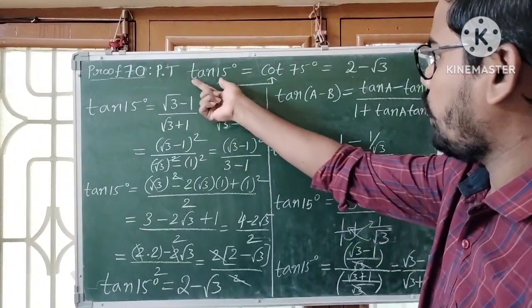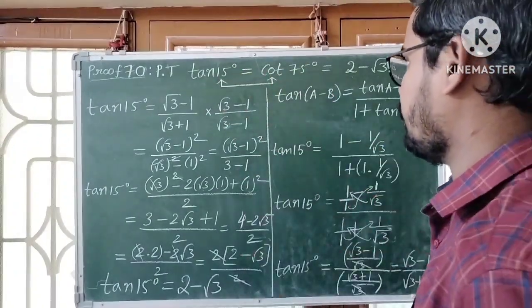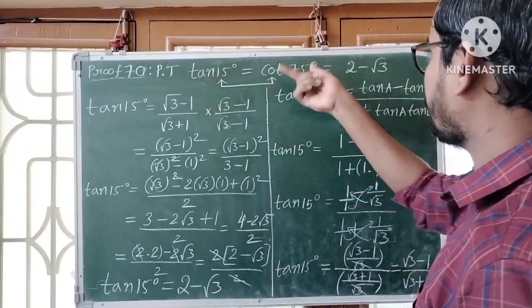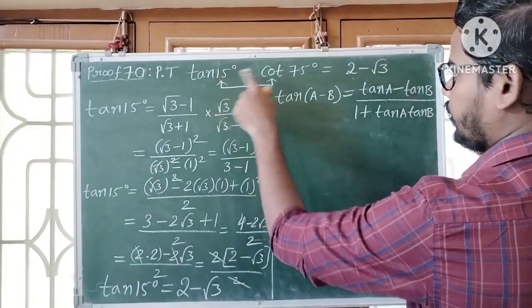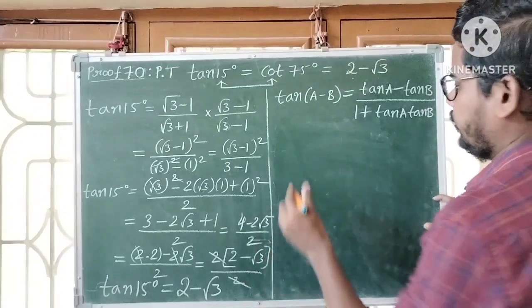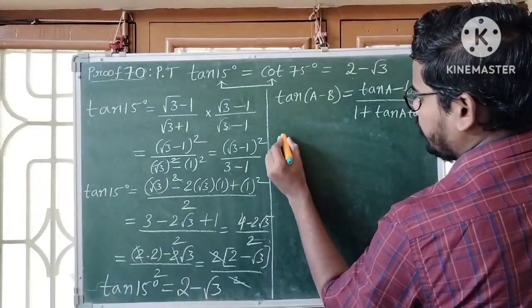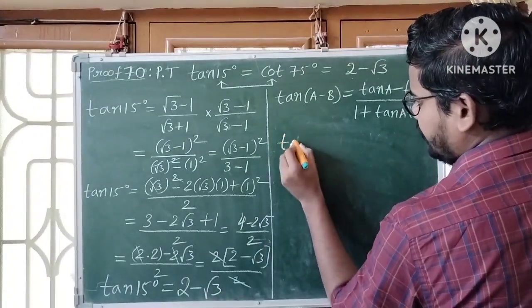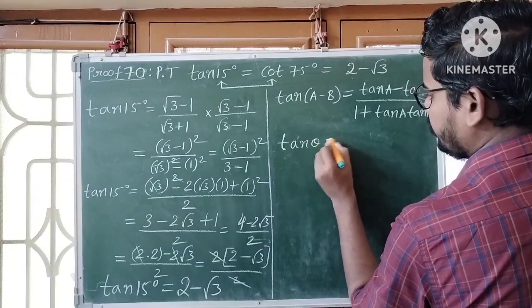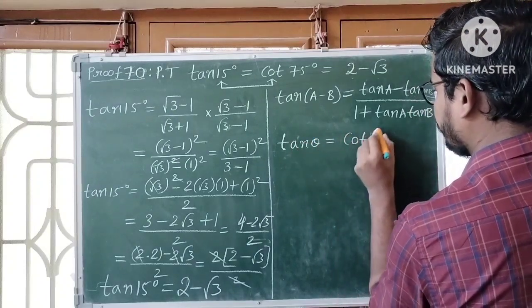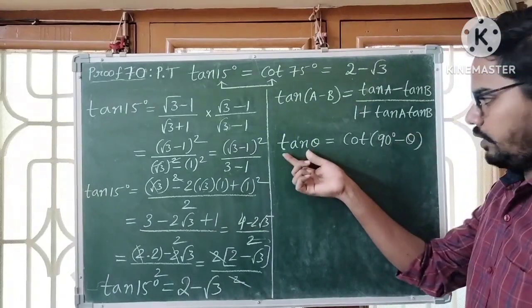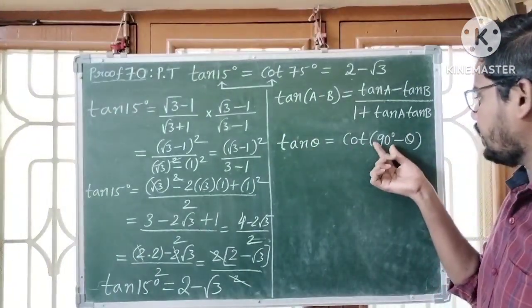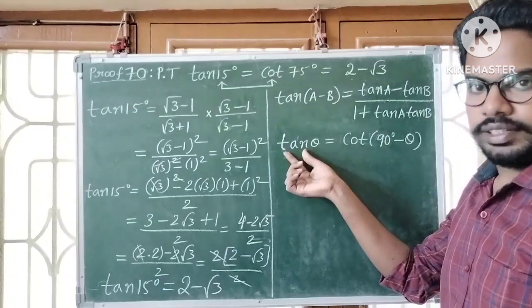Next, we have to prove tan 15 degrees equal to cot 75 degrees. Then tan 15 degrees equal to cot 75 degrees is equal to what? 2 minus root 3. So let us prove tan 15 degrees equal to cot 75 degrees. In trigonometry, tan theta is equal to cot of 90 degrees minus theta, or cot of 90 degrees minus theta is equal to tan theta.